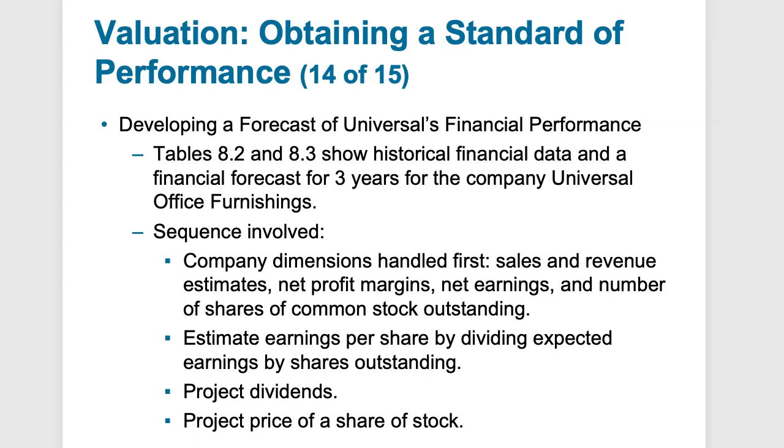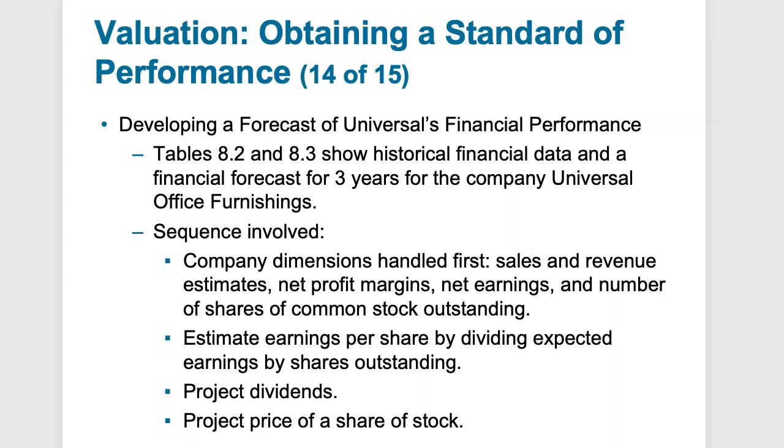Now, let's talk about developing a forecast for this company, Universal's, financial performance. We're going to look at a couple of tables coming up, 8.2 and 8.3, to look at the historical financial data of this company and a financial forecast for 3 years. First we're looking at the revenues and the sales.